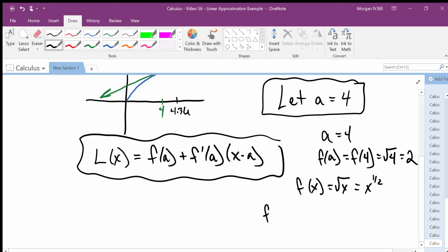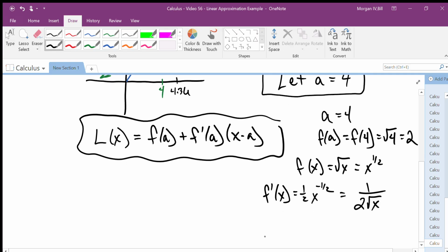Then f prime of x is 1/2 x to the negative 1/2, or 1 over 2 square root of x. And evaluating that at 4, f prime of 4, the slope of the tangent line at 4, is equal to 1 over 2 times the square root of 4. That's 1 over 2 times 2. That is 1/4.